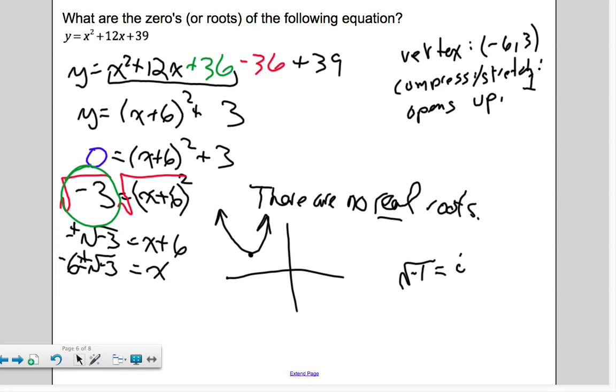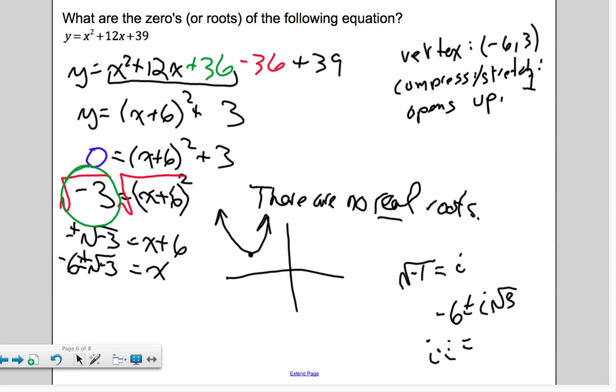So here we get minus 6 plus or minus i times the square root of 3. The nice thing is that as you get into higher levels of math, you get answers with i, and you will even get places where you get i times i.